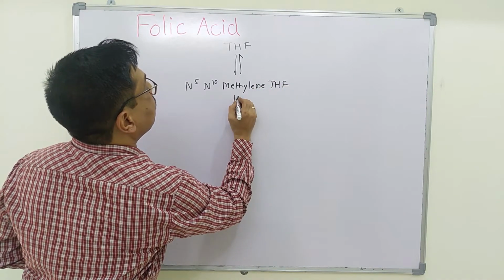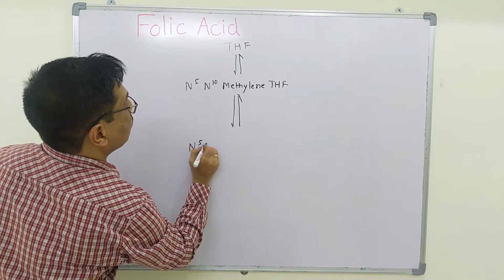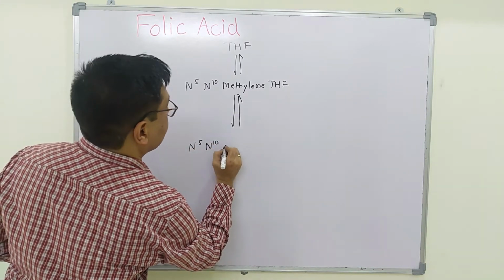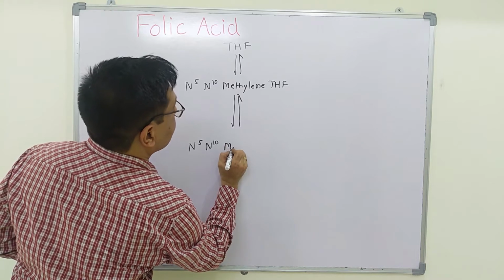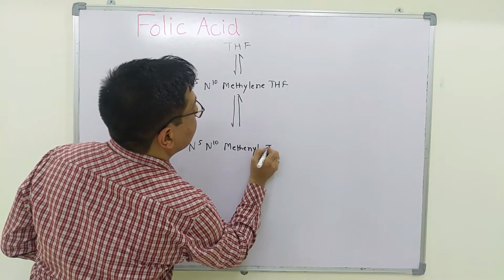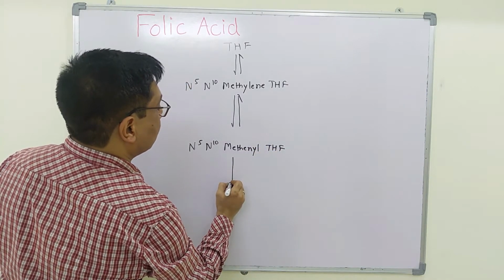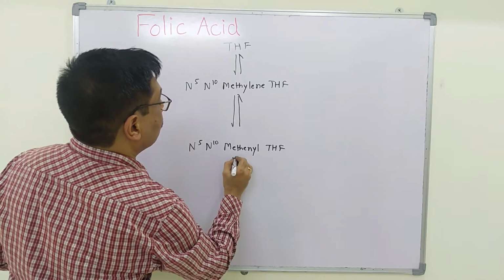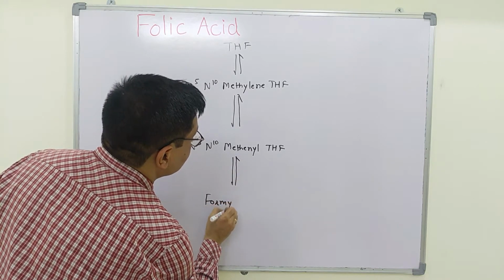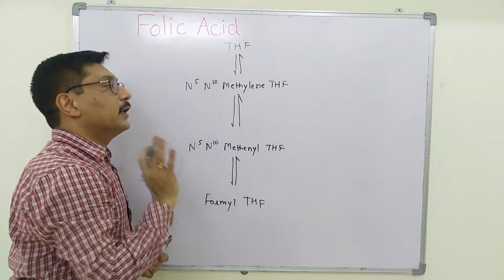This is converted into N5, N10 methenyl tetrahydrofolate, and this can be converted into formyl tetrahydrofolate. These forms are interconvertible.